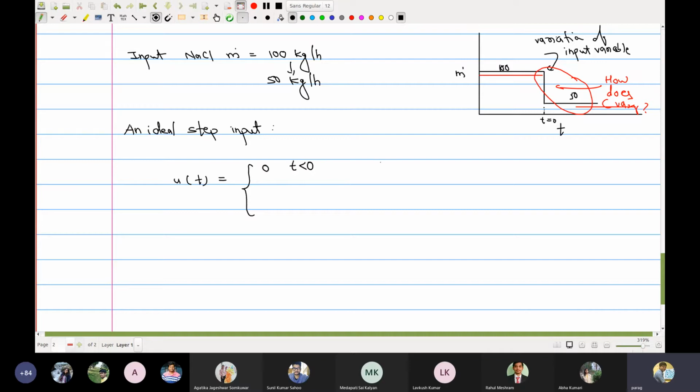This is the dynamics we are not interested in; we assume that the system was at initial steady state. And then suddenly you give a step input of magnitude A when t is greater than 0. In this particular case, A was minus 50. Your input function decreased. So there is no restriction on the magnitude or the sign of A.